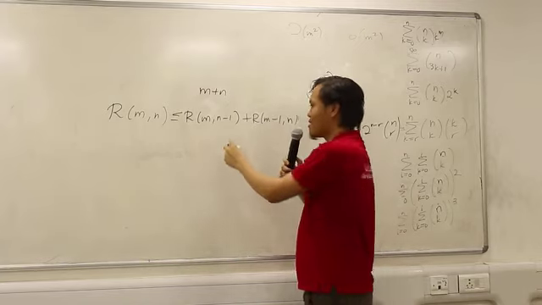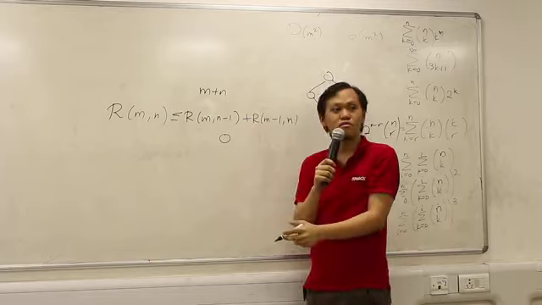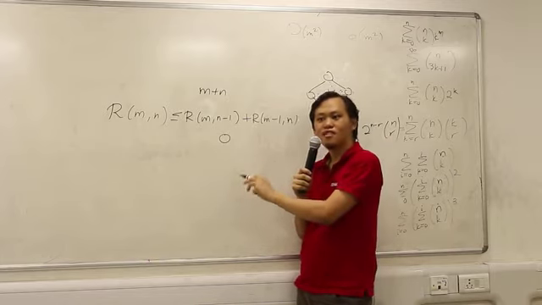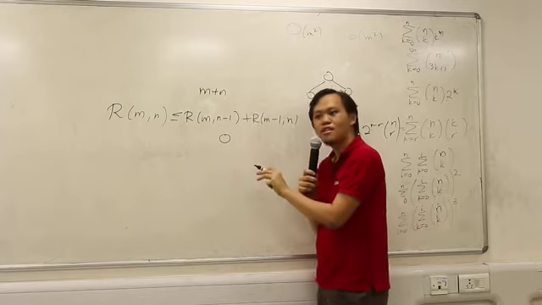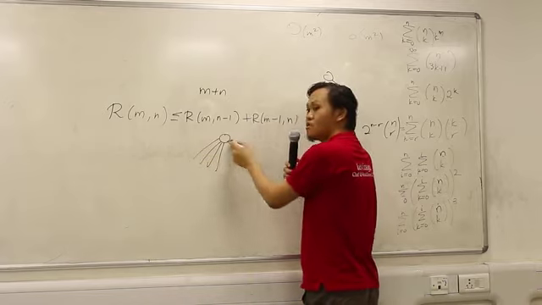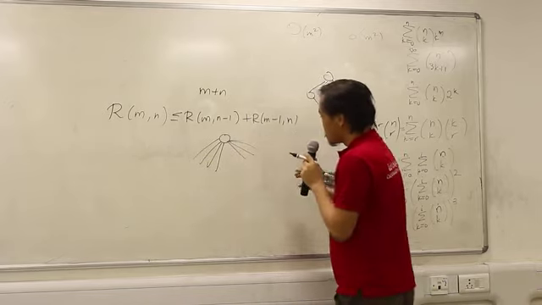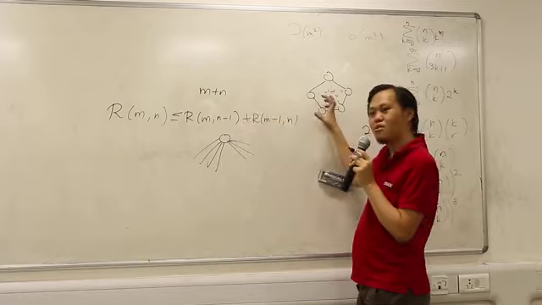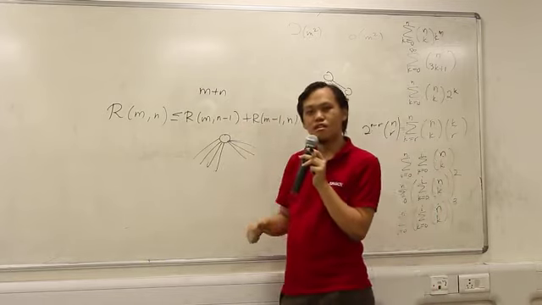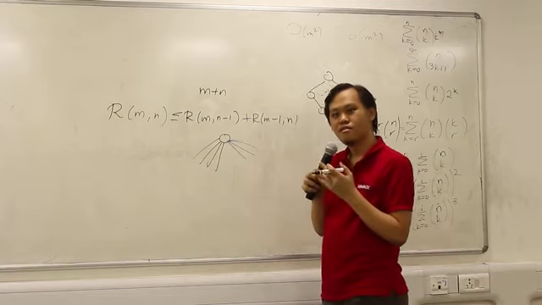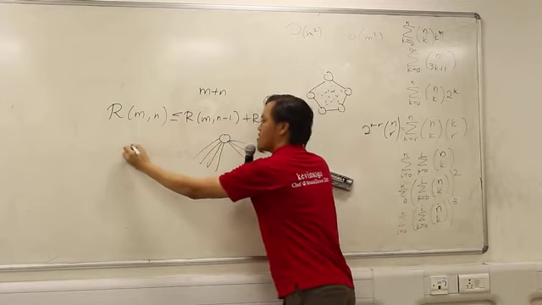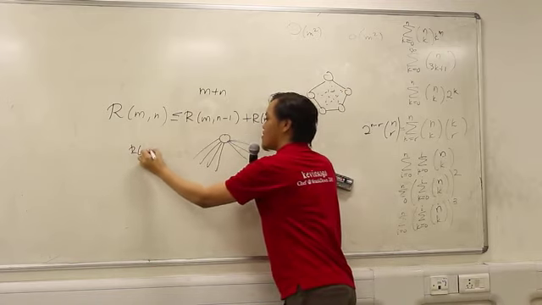We can also do that. Let's look at one node. And then we group those edges by color and then use the pigeonhole principle. Let's say these are the red edges and then these are the blue edges. Remember that the size of the whole graph is this. Okay? So how many edges are there in total? Of course, this minus 1, right?